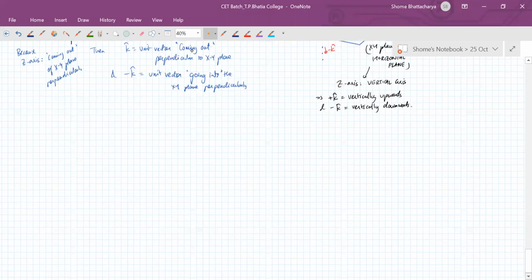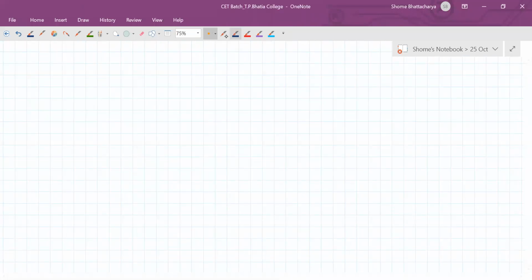So now let us understand what is called the right-handed system.